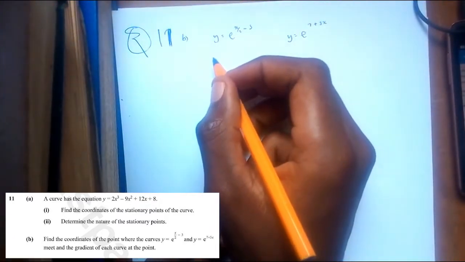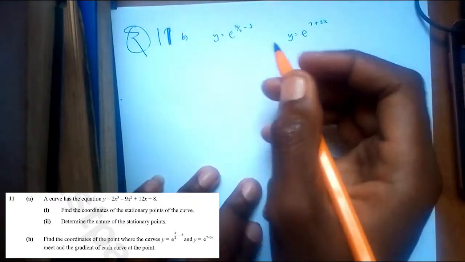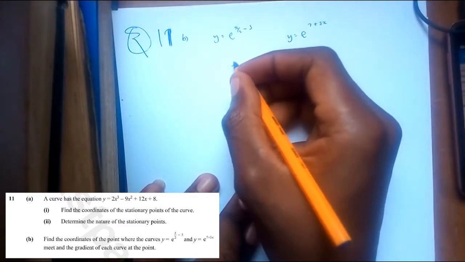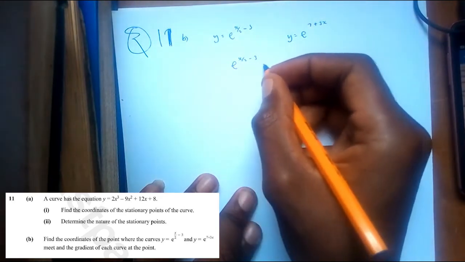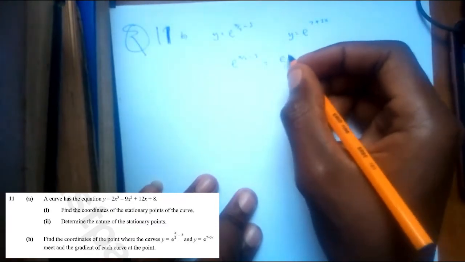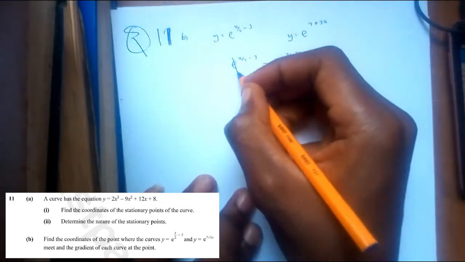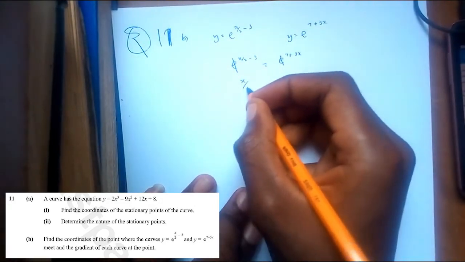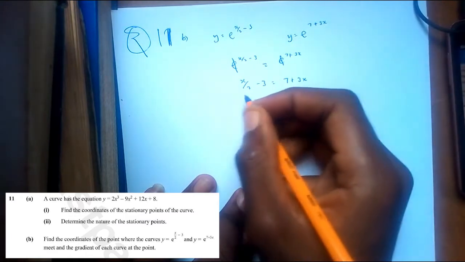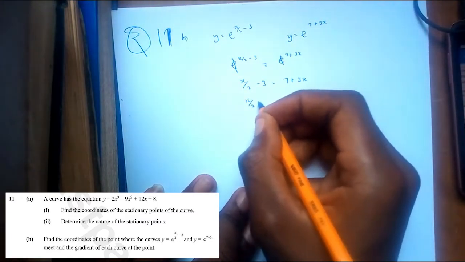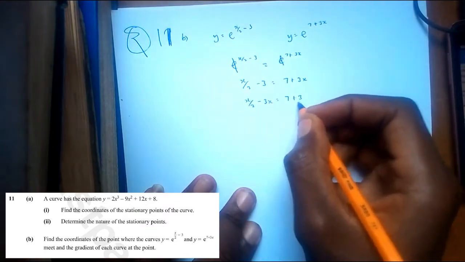At the point where they meet, they have the same y coordinate. So in short, this equation is equal to that equation at that point. So e to the power x over 2 minus 3 is equal to e to the power 7 plus 3x. Same base, so they cancel. x over 2 minus 3 is equal to 7 plus 3x. So x over 2 minus 3x is equal to 7 plus 3.